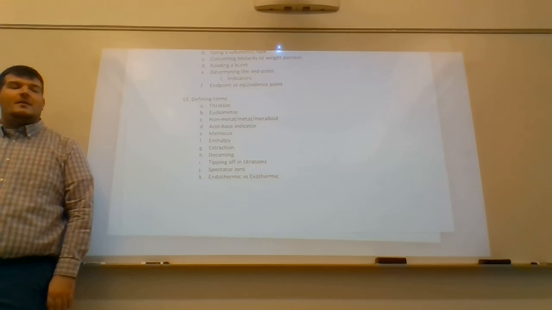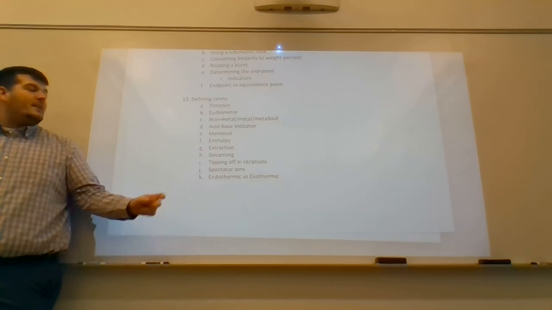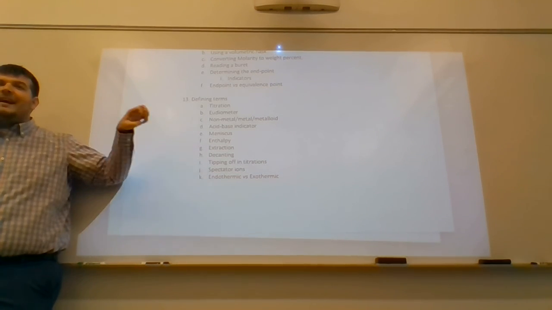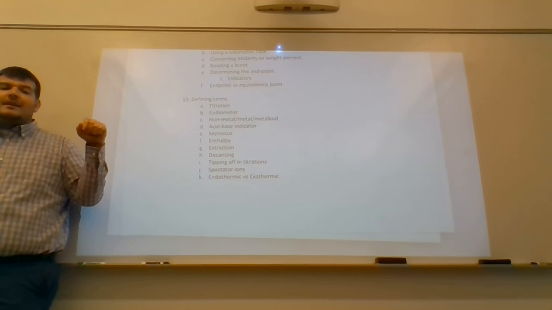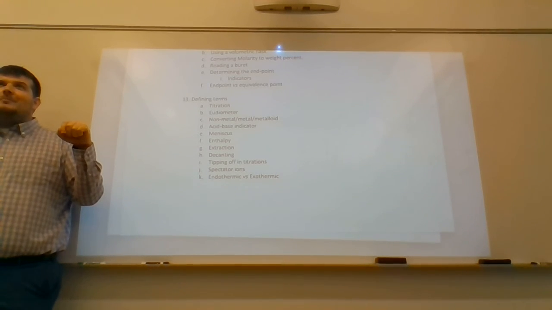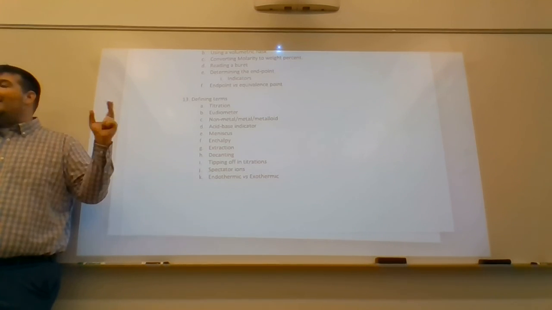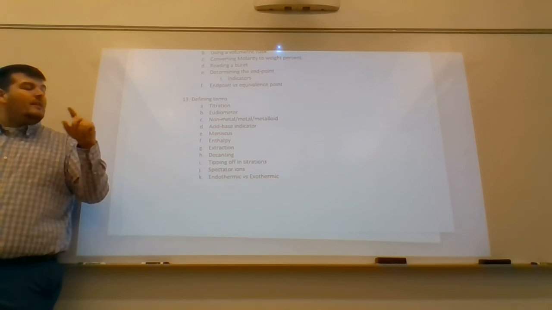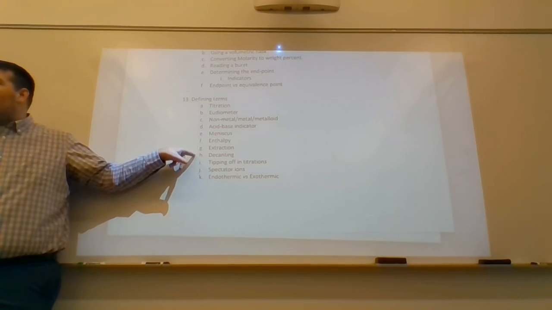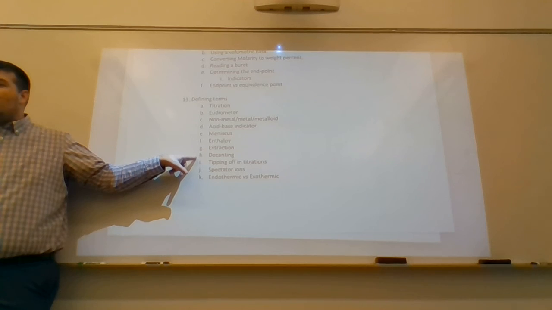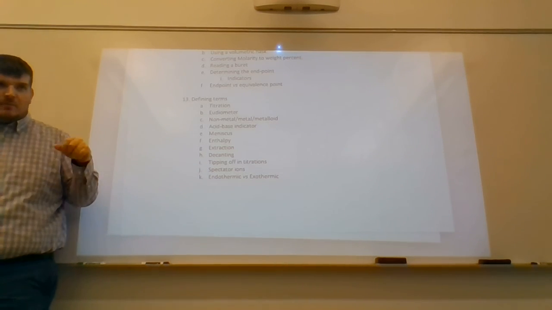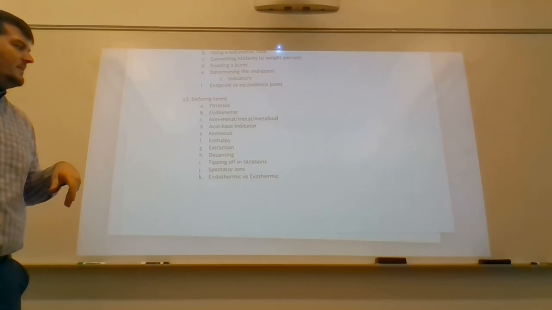So those are fun experiments. Extraction is basically just pulling out a molecule of interest. When we get a little bit further into chapter 11, I'll talk to you about like dissolves like. Tomorrow we'll talk about like dissolves like and what that means.